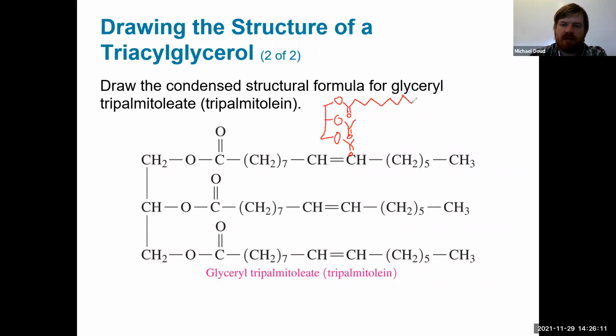Then we have a double bond. Okay, so we have a double bond like that. Now, we know that this is a cis double bond. This is going to be hard to draw, but we can still do this here, followed by another 6 carbons. So 1, 2, 3, 4, 5, 6. And then you would just do that 3 times.